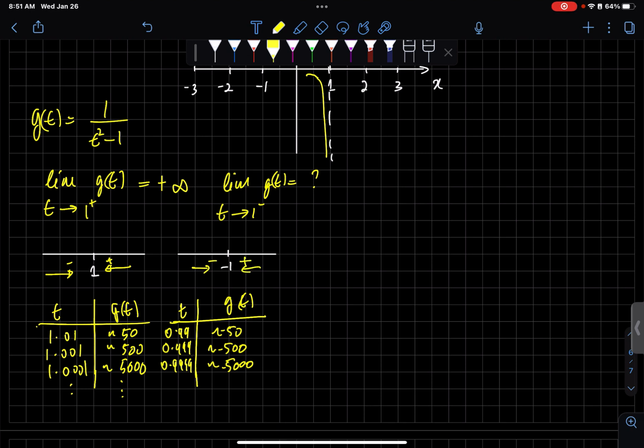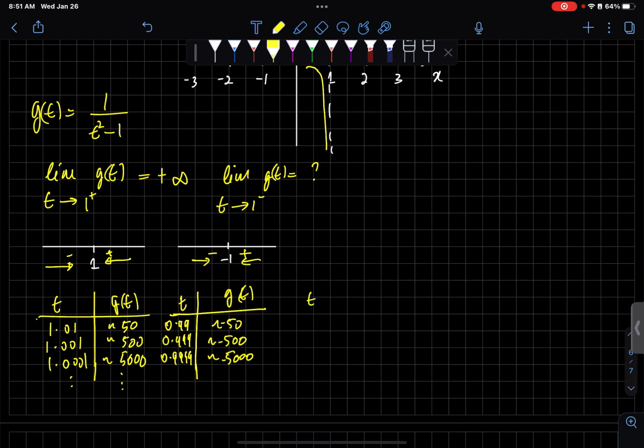Okay, so t again takes negative values: -1.01, -1.001, -1.0001.